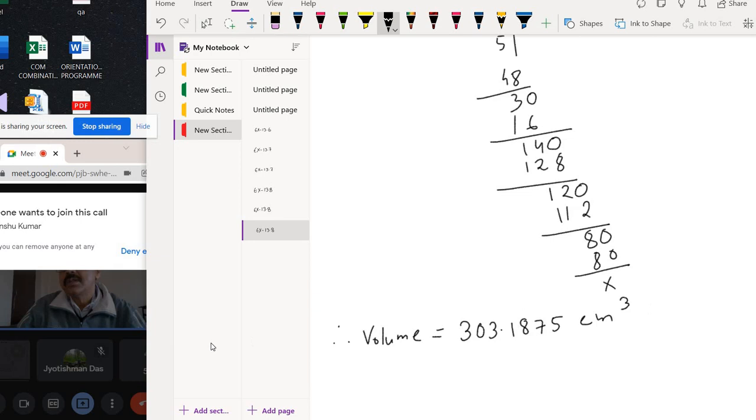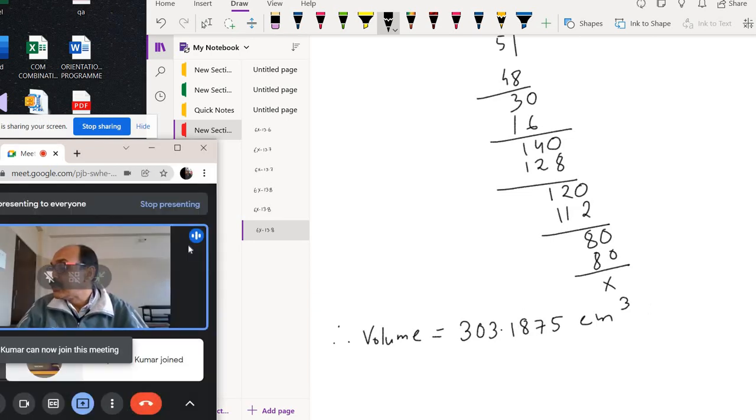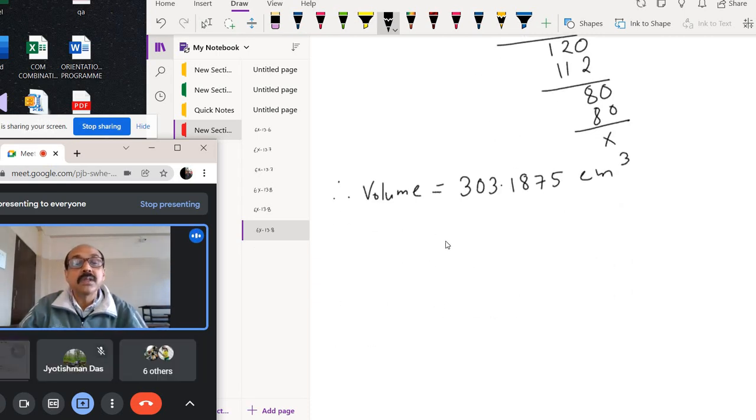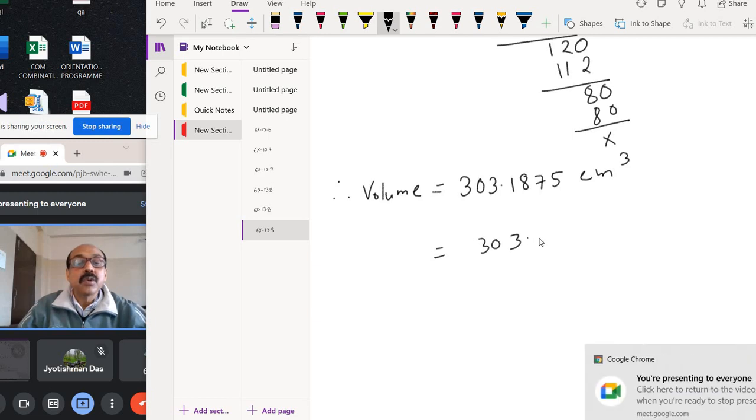Okay, so the question is how many liters? So convert into liter, divided by 1000. So this equal to 303.1875 divided by 1000 liter.